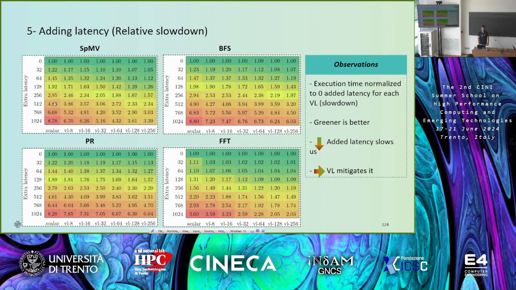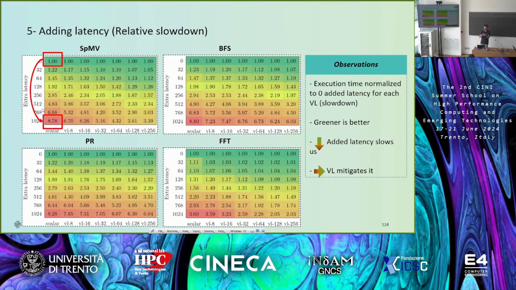If I look at the sparse matrix vector kernel, here I have different vector lengths on the x-axis, and the extra latency that I add to the memory. I have a relative metric that is printed here as a color map, a color code. And basically, when I add latency, of course, I go into the red zone, right?